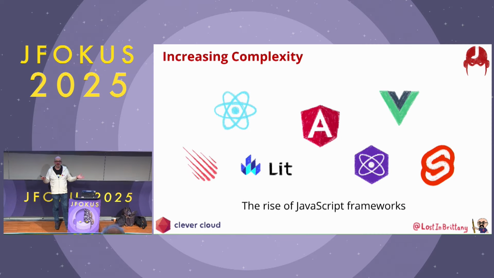I think since the beginning of this talk, a new framework has already arrived, and by the end there will be three or four. But it seems that everybody likes that. Well, I think it isn't true. Many developers begin to think that web development in 2025 is a hell of complexity.